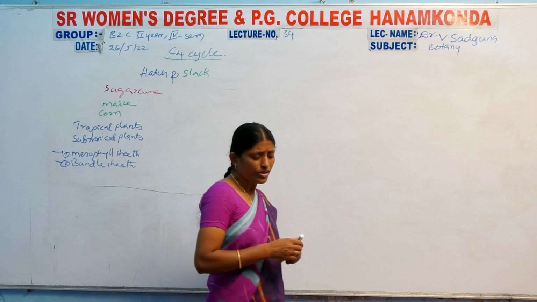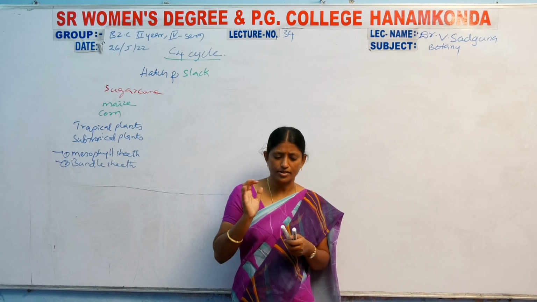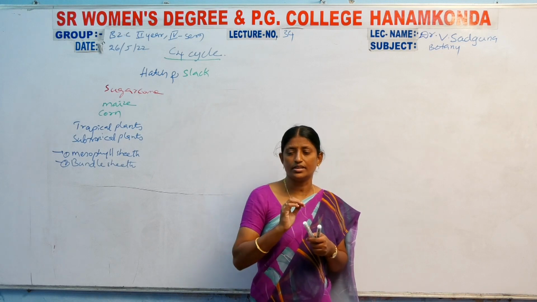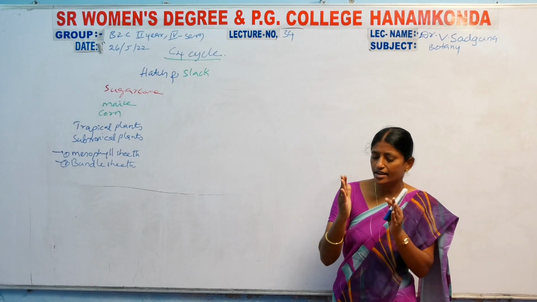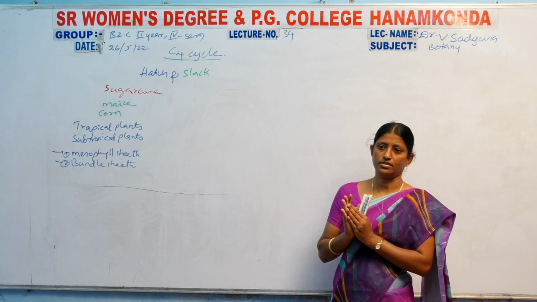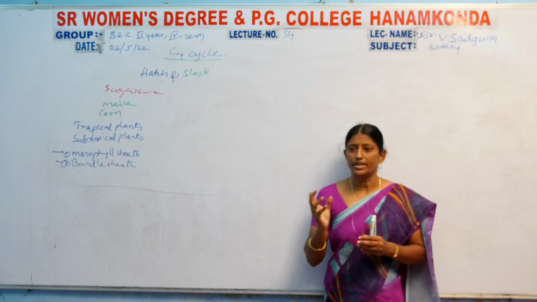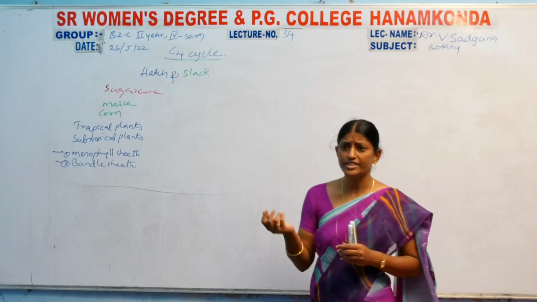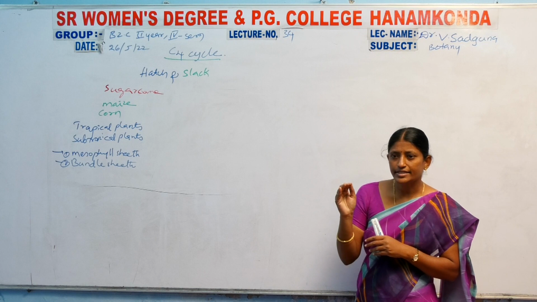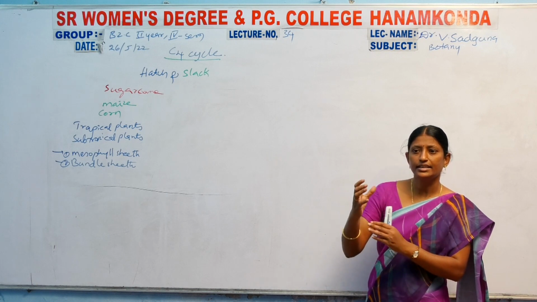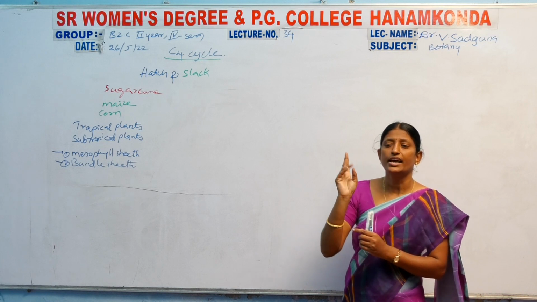First, CO2, the carbon dioxide, is accepted in the mesophyll. Then the first compound of the C4 cycle is pyruvic acid.